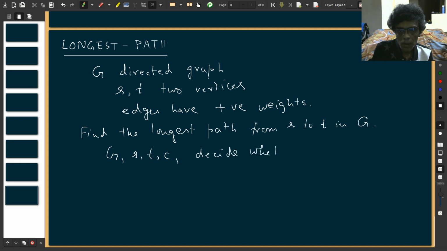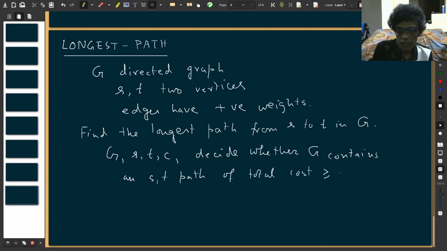whether G contains an ST path of total cost C or greater than or equal to C. Definitely, if such a path exists, I will just supply that path as a certificate.